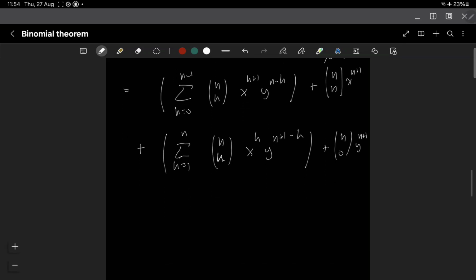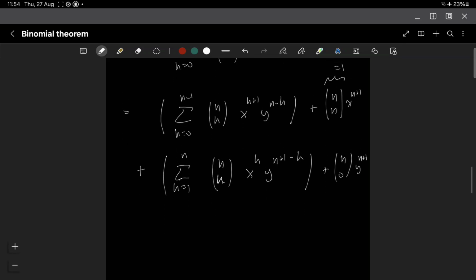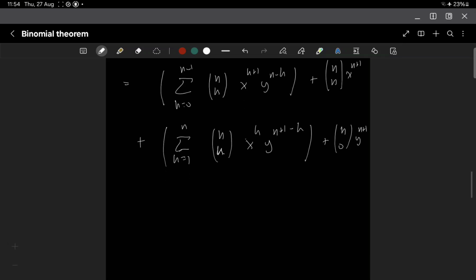Now there's a small trick which I can do. It's already looking nice, but we can write this in a better way, right? We can notice that this term here, we have k plus 1, and here we have k. So if we could somehow align these two sums, make them look similar, then we will have simplified it a lot.